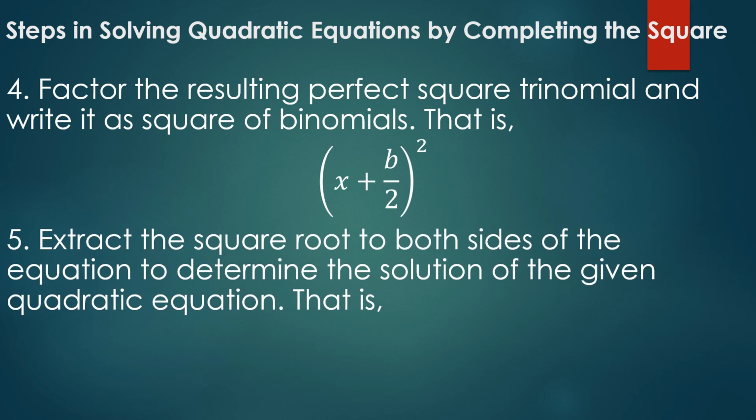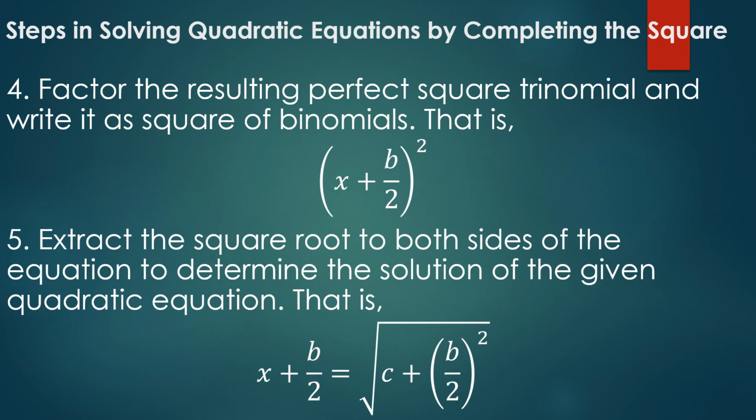Because after that, we can extract the square root to both sides of the equation in order for us to determine the solution of the given quadratic equation. That is, getting the square root of both sides of the equation. So we have x plus b over 2 is equal to the positive and negative square root of c plus b over 2 quantity square.